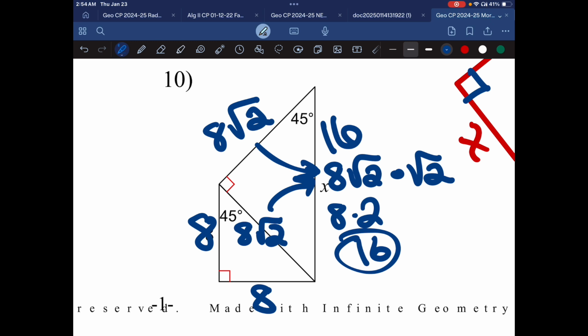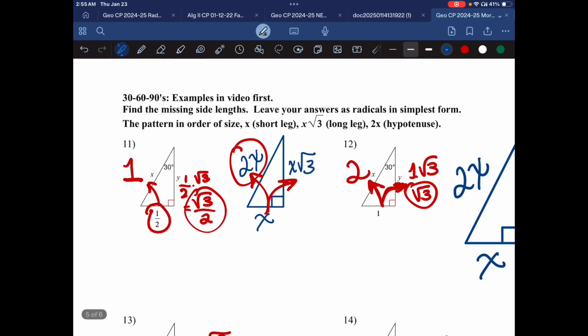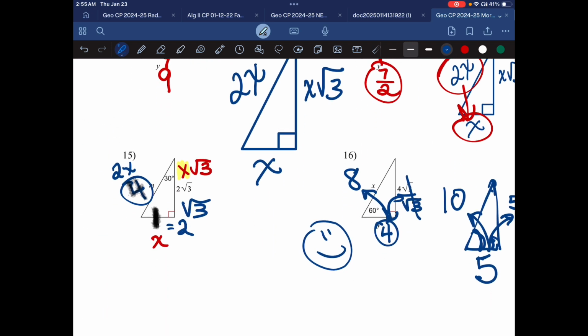So you'll notice when you have two 45s, you started with 8, then you got to 8 times the square root of 2, then you got to 8 square root of 2 times square root of 2. And now here's your key for the 30, 60, 90s when you're ready.